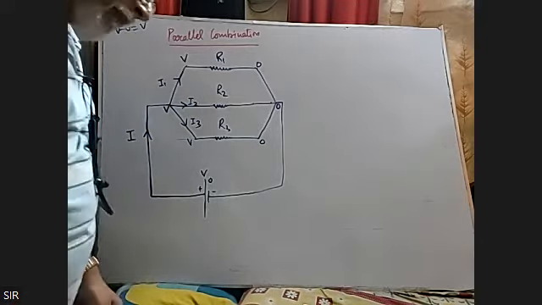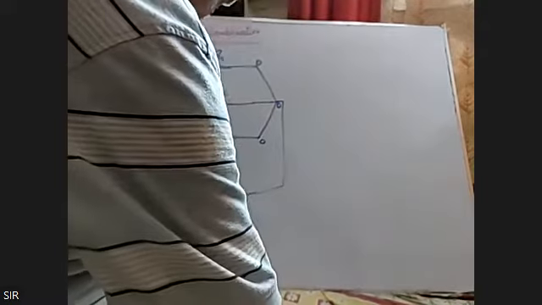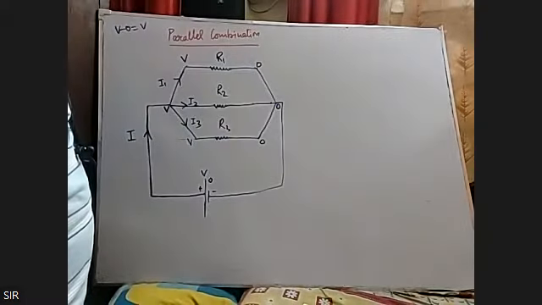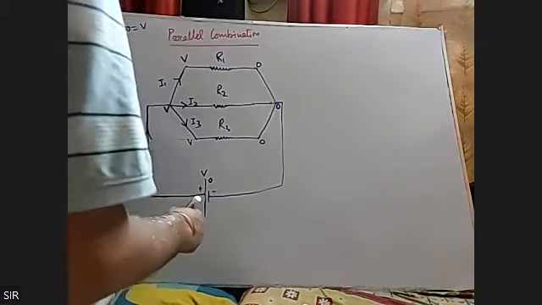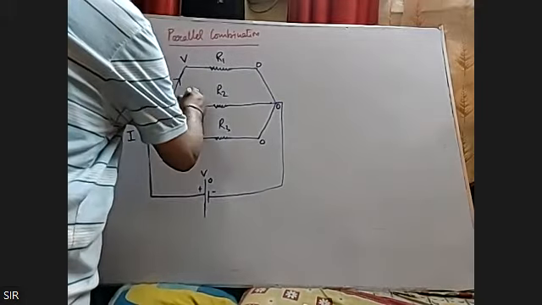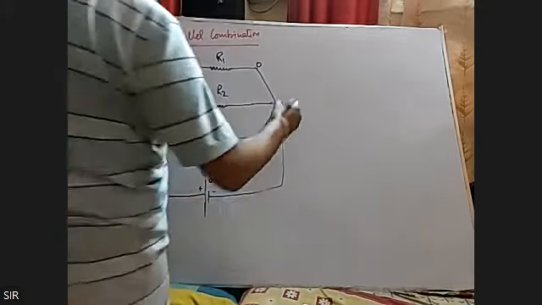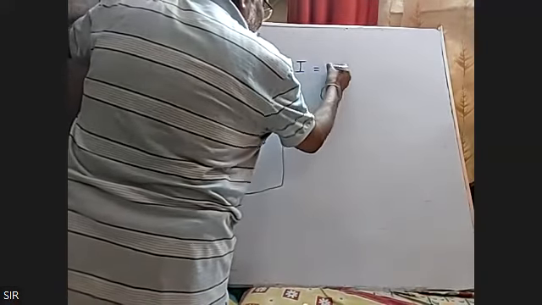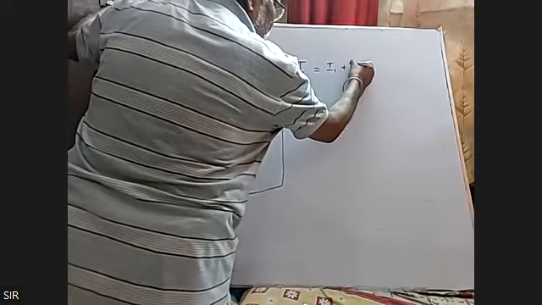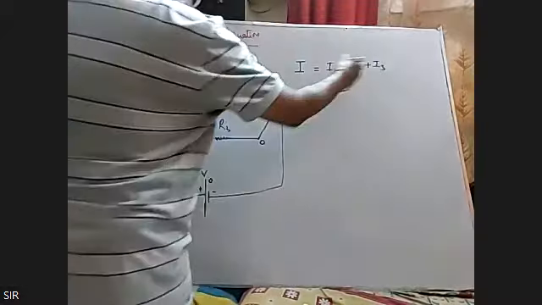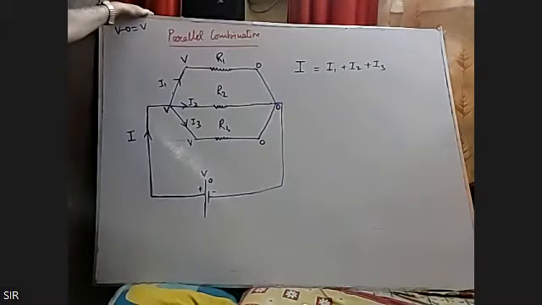Now this I is I1, I2, and I3. So can I write I is equal to I1 plus I2 plus I3? This current I is splitting into three parts. Clear?